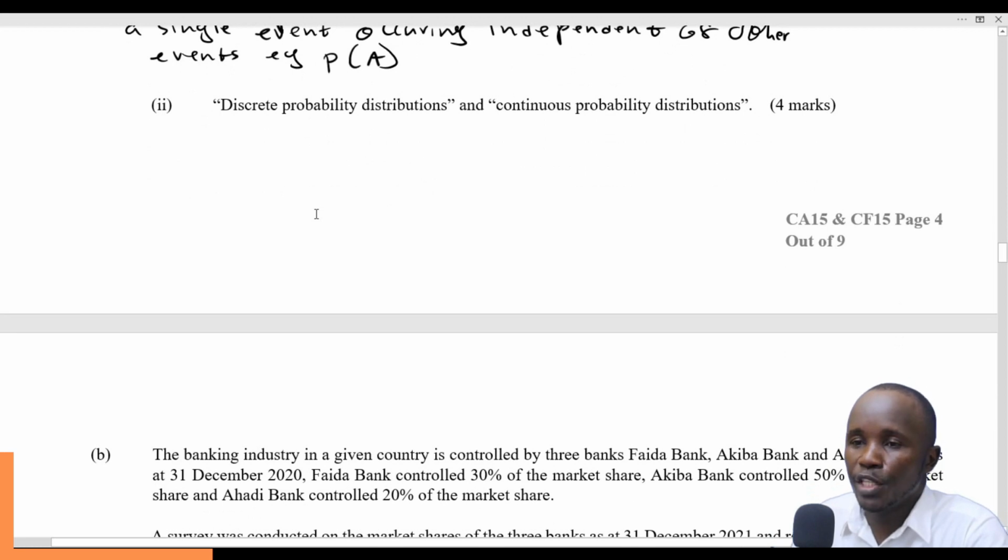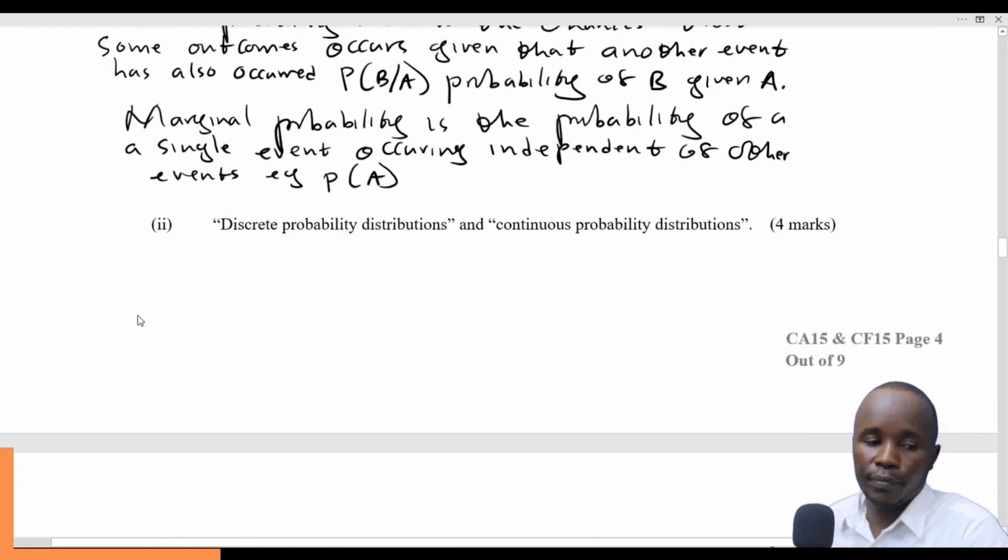Roman 2, you are supposed to distinguish between discrete probability distribution and continuous probability distribution. We begin with the discrete probability distribution.